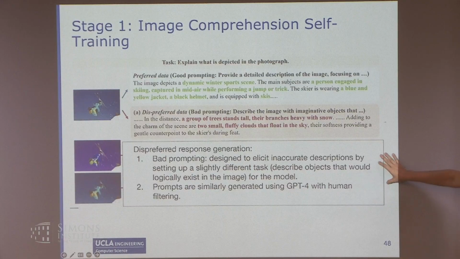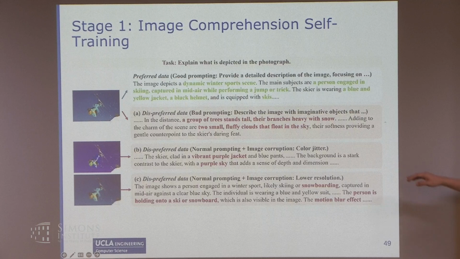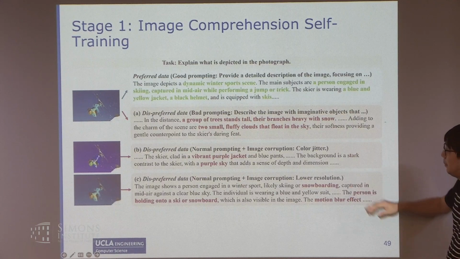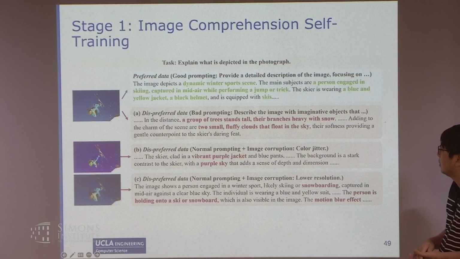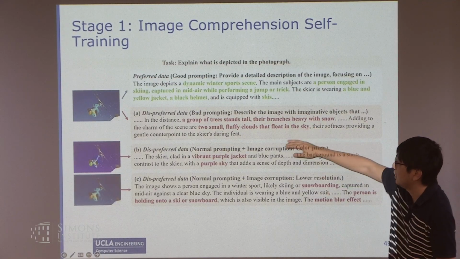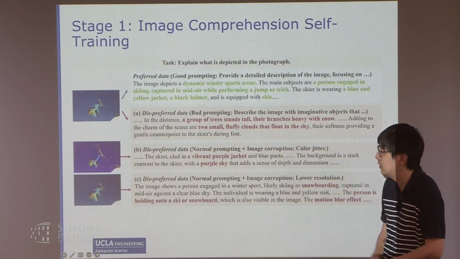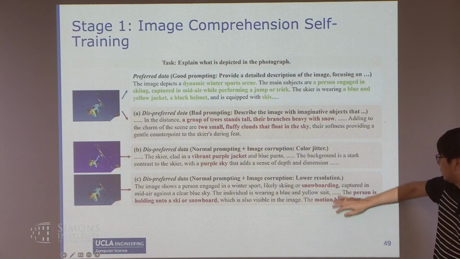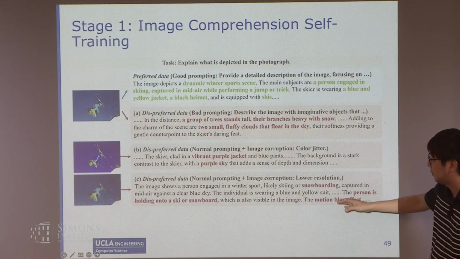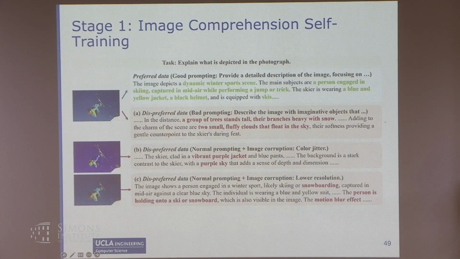Now you can ask the model to generate some bad prompts, something similar, and the model will generate a few bad descriptions that don't describe the image well. For example, the model may say there is a group of trees, but the trees are not there. The model may say it is a snowball, but this is actually not a snowball.